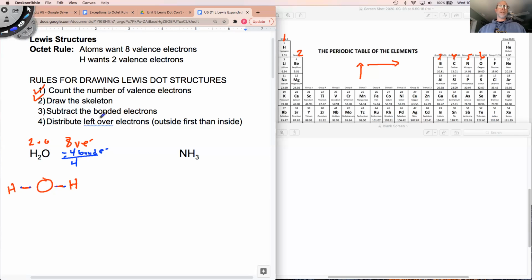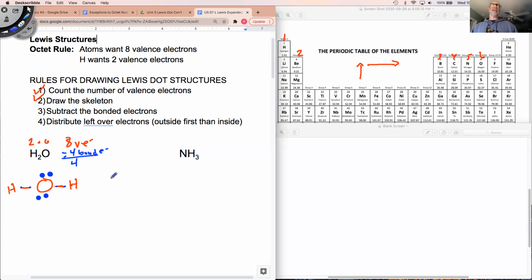And now we're going to distribute these electrons over all the atoms, but we're going to start on the outside atoms first. So we have 4 electrons to distribute, and we're going to say, well, how many electrons do I need? Well, hydrogen needs 2, and it has 2. This hydrogen has 2, and it needs 2. So I'm not going to put any on the outside. Now what we're going to do is take those 4 electrons and put them on the inside. 1, 2, 3, 4.